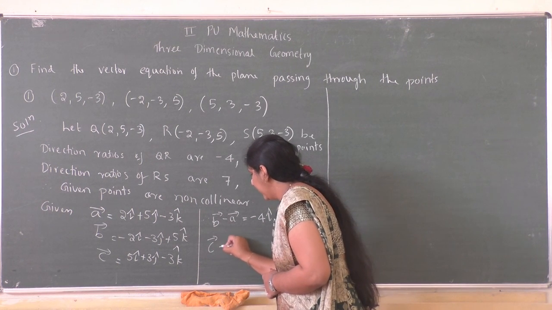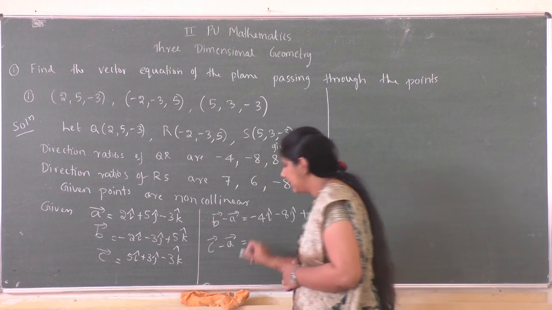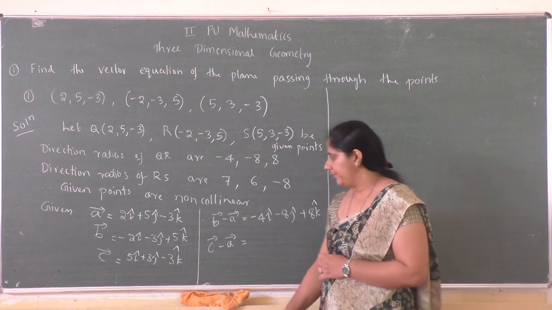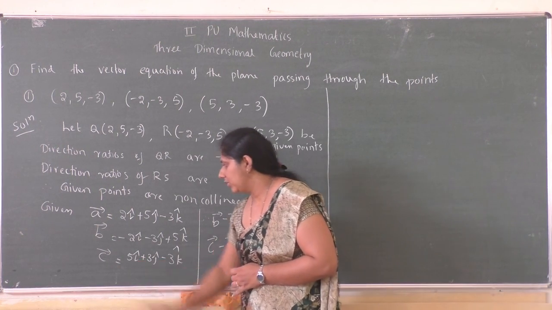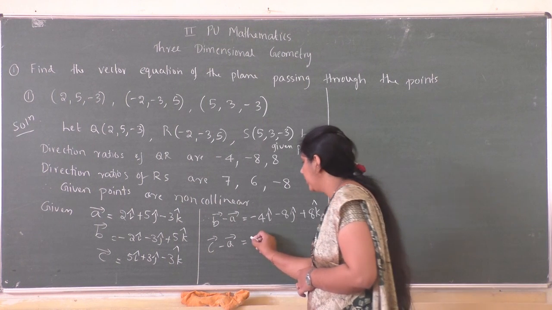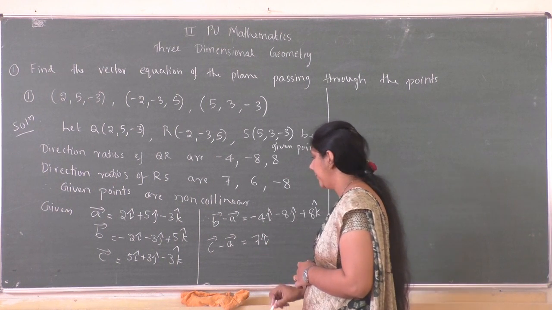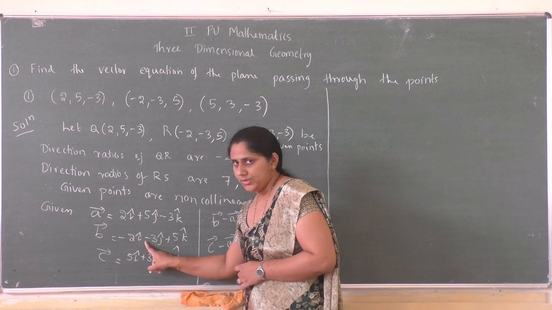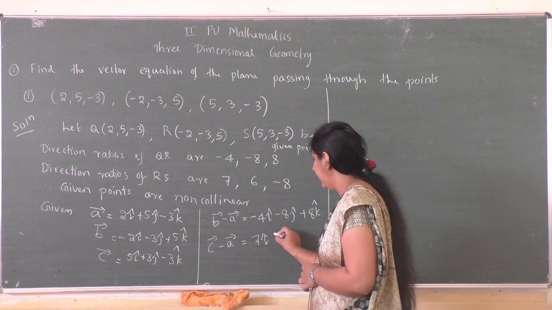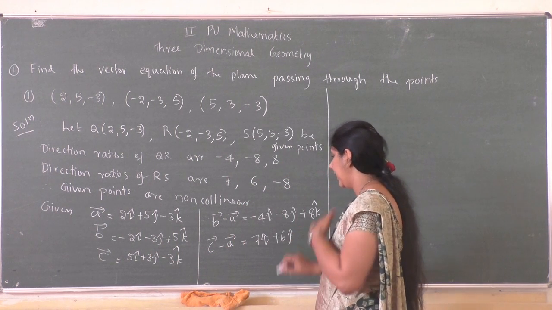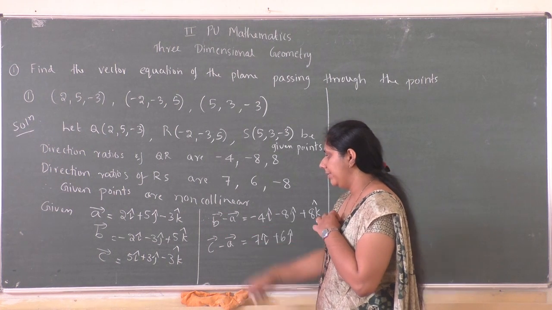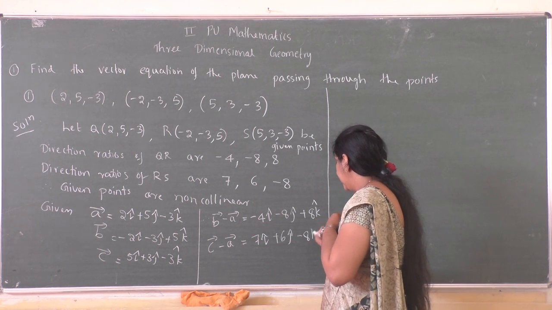Similarly, C vector minus A vector: 5 minus of minus 2, that is 5 plus 2, 7i cap, 3 minus of minus 3, that is 3 plus 3, so plus 6j cap, and minus 3 minus 5, that is minus 8k cap.